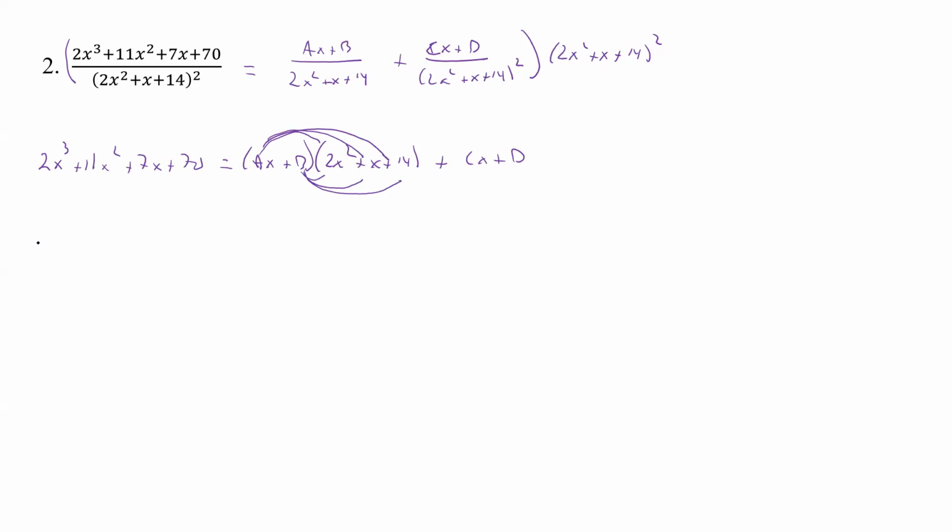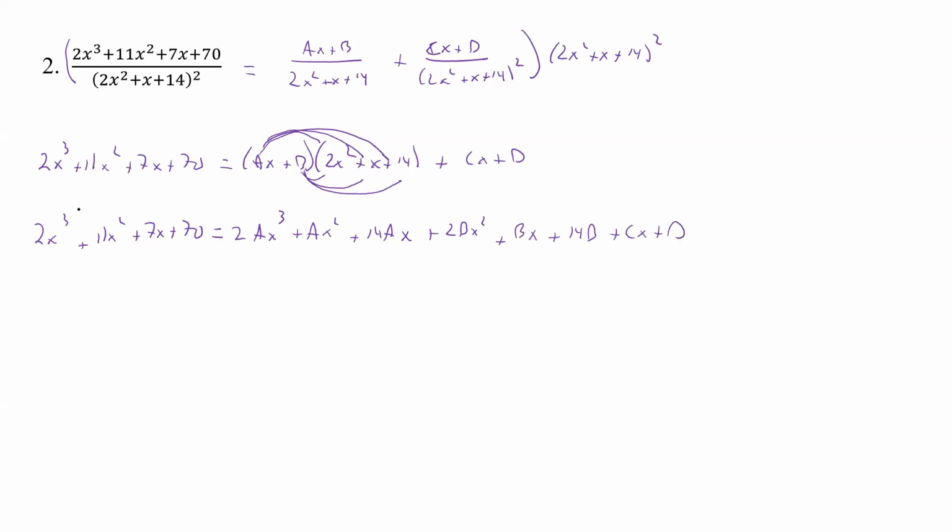So that gives us 2x³ + 11x² + 7x + 70 equals 2ax³ + ax² + 14ax + 2bx² + bx + 14b + cx + d.